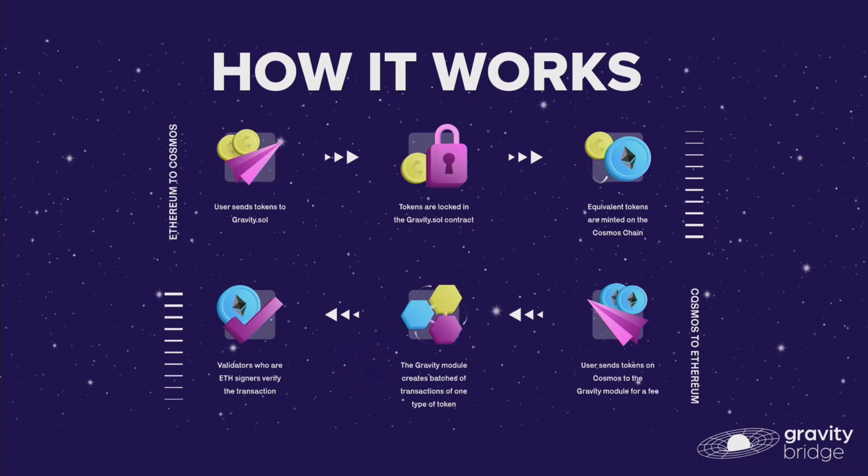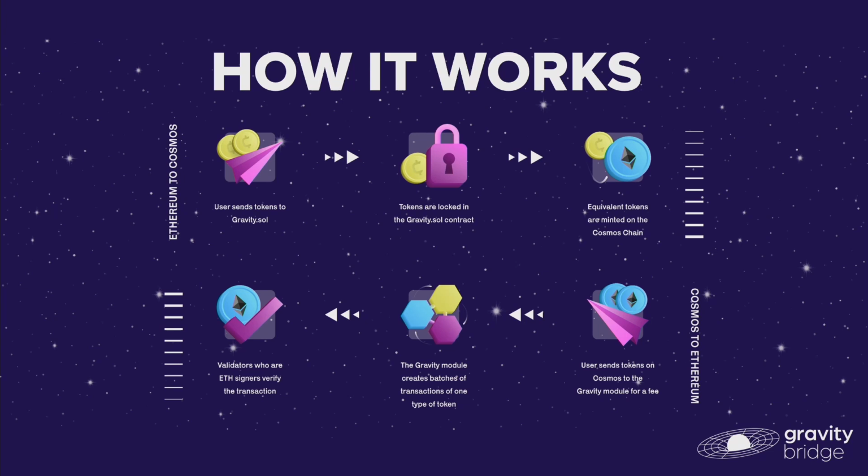And this is where Gravity starts to get really generically useful, or useful to other projects in the ecosystem. Because we have defined Gravity as a module that any Cosmos-based chain can use, anyone can run one of these bridges and start to aggregate transactions to get these low costs.